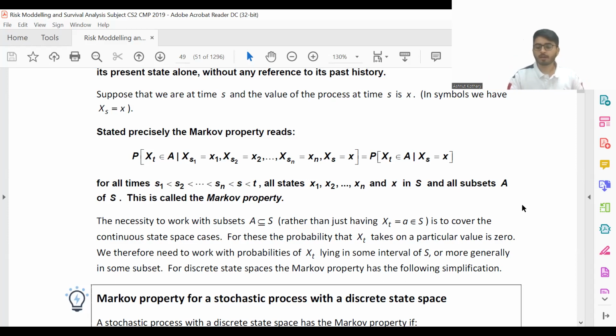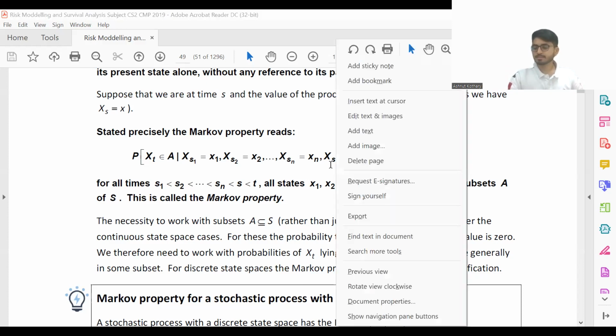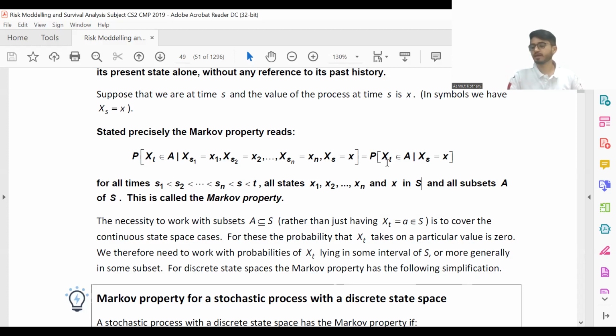If I want the probability of X_t taking the value a, the one which we have written in the notes, given that at time s1 it had value x1, s2, up to sn, and s, where small s is the last time which was observed, this is nothing but equal to the probability of X_t taking the value a given X_s is equal to x.